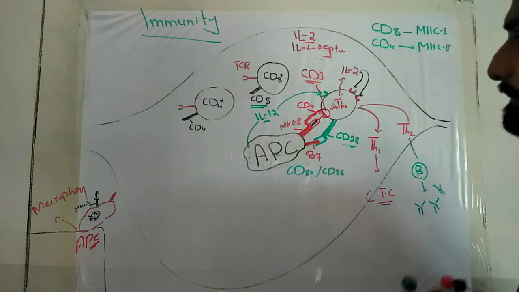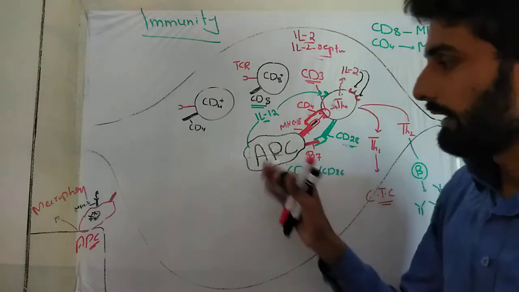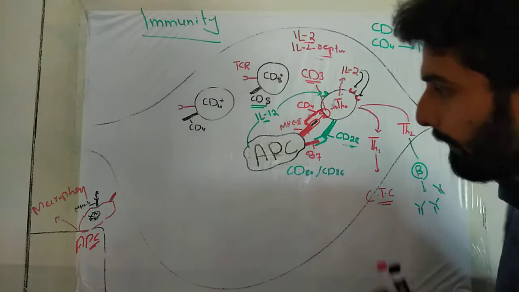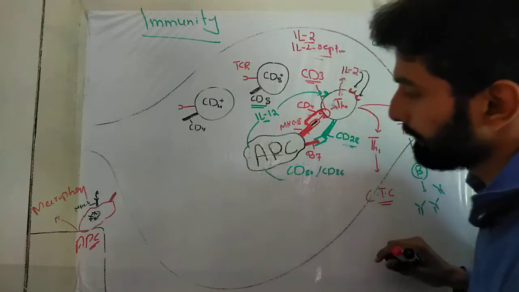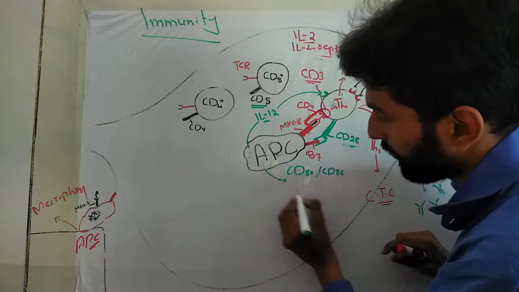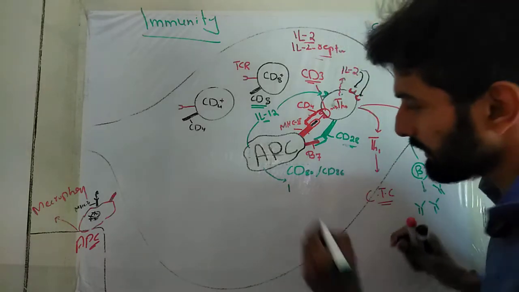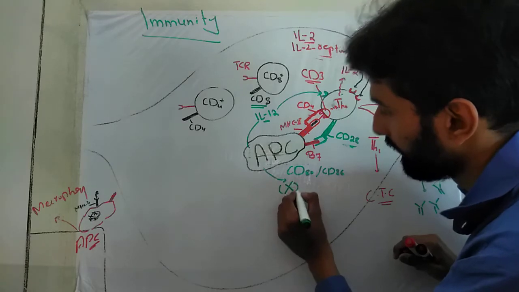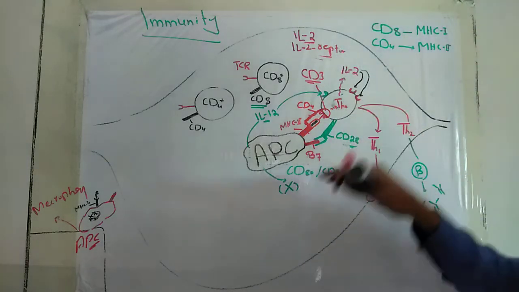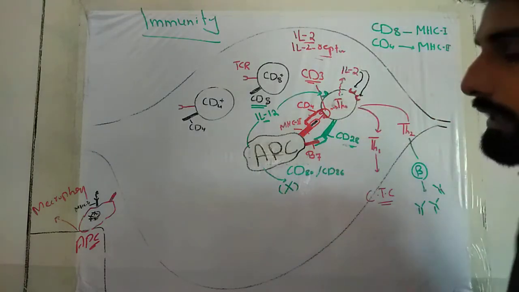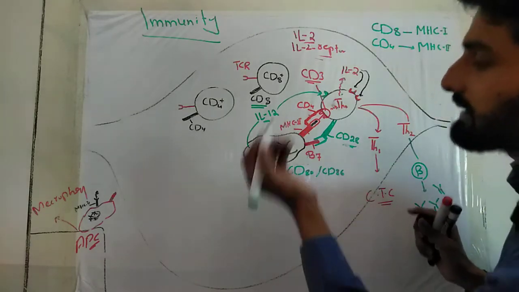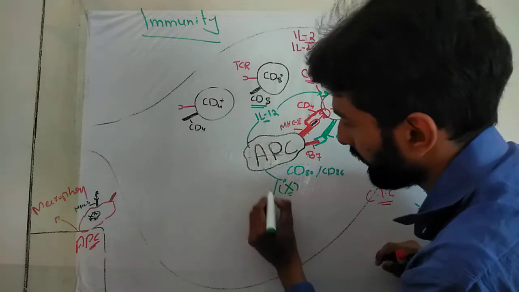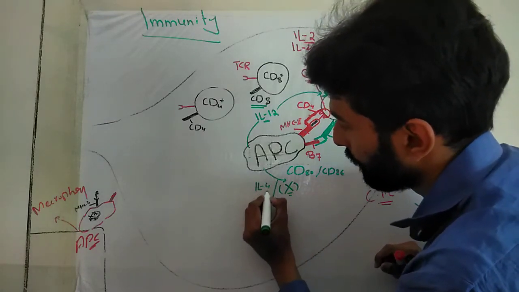Okay, similarly, if it has engulfed an extracellular pathogen, it will release some other cytokines. In most books it is written that we don't exactly know which cytokine is responsible to convert Th0 into Th2. So they will write X cytokine, because research is still going on. But in some books it will be written as interleukin 4.